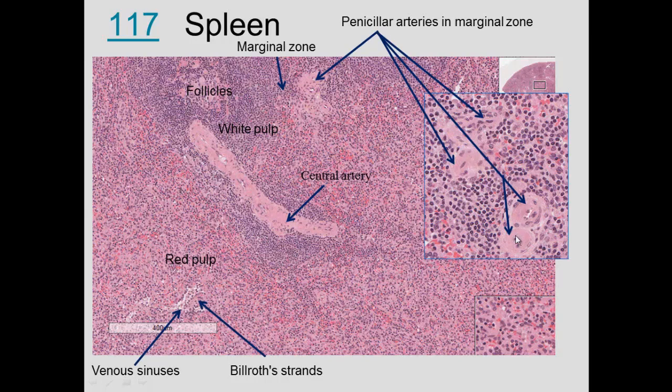The word penicillary means branched, and so you have this branching, and these arteries end blindly. They don't end in a capillary, they just end. They open and close, releasing whole blood into these Billroth strands, which then has to percolate and squeeze through the cells lining those.